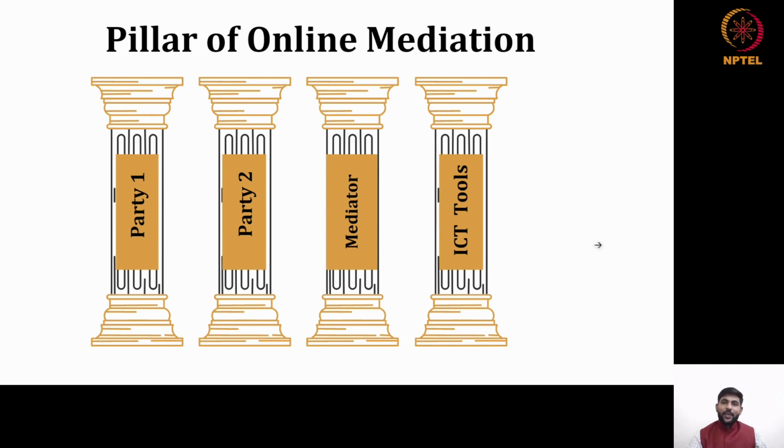In a physical mediation, whenever there is a dispute, there are two parties and a third neutral party called the mediator who assists them in resolving their disputes. Whereas in online mediation, the information and communication tools assist these three parties in resolving the dispute, and that is where we call it the fourth pillar. That is how information and communication tools help the parties and the mediator in resolving a dispute in an online mediation.